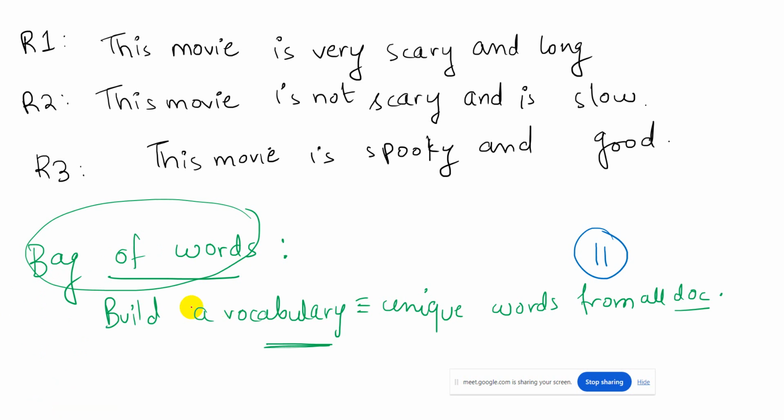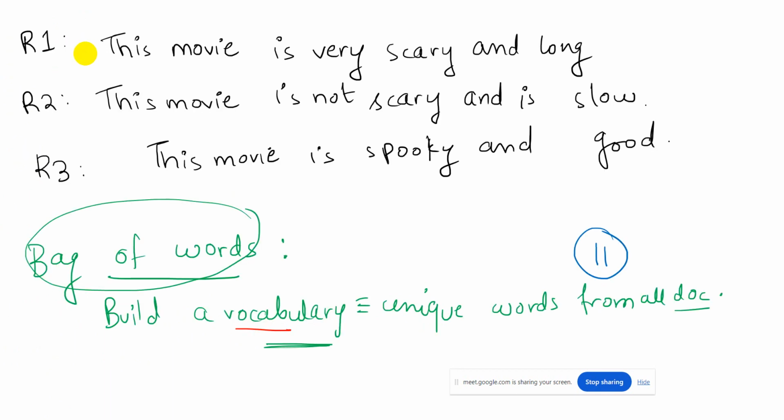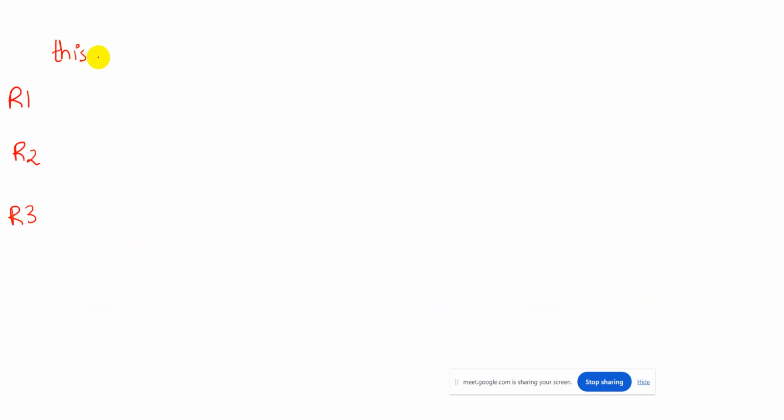When writing the vocabulary, just write R1, R2, R3, and then all the unique words in the columns. This movie is very scary and long.